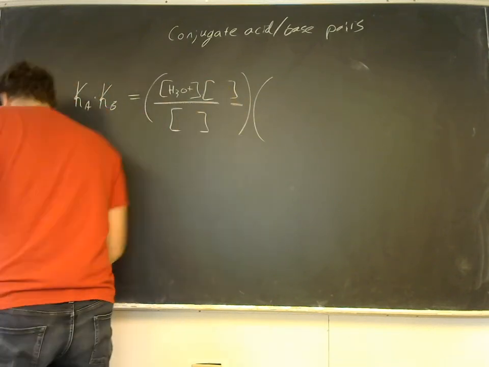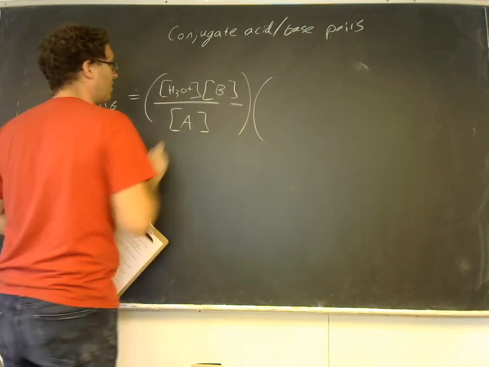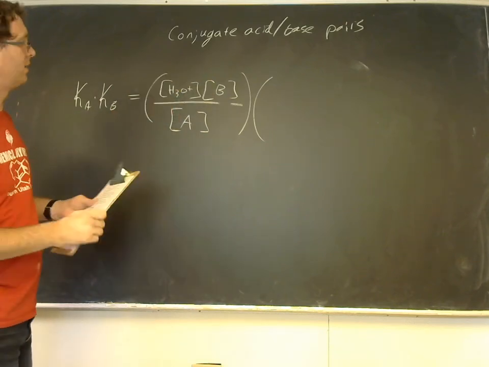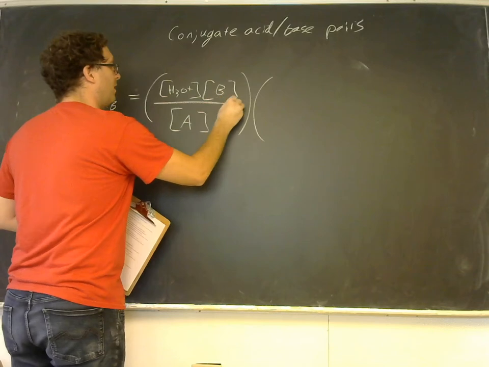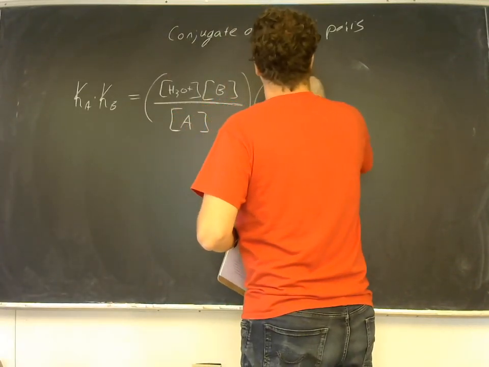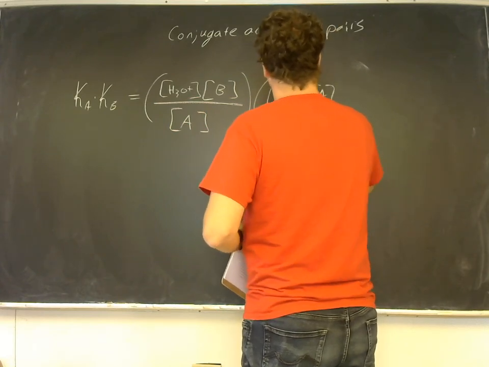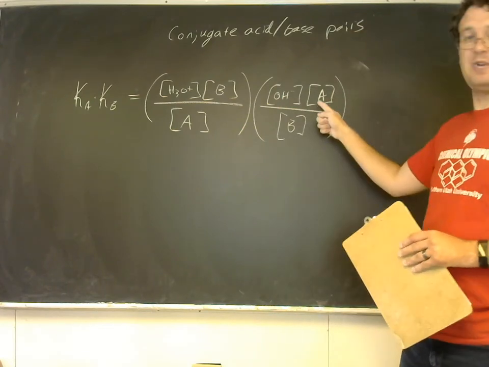Oh, sorry. We'll say this is the conjugate base and this is the conjugate acid. Is that fair? That way is really generic and I think clear what we mean. Then we're going to have OH minus times the conjugate acid over the conjugate base. That's the Kb value.